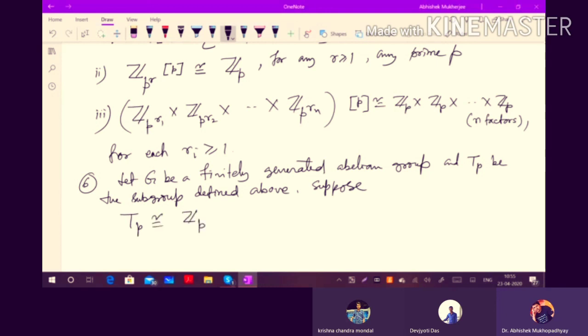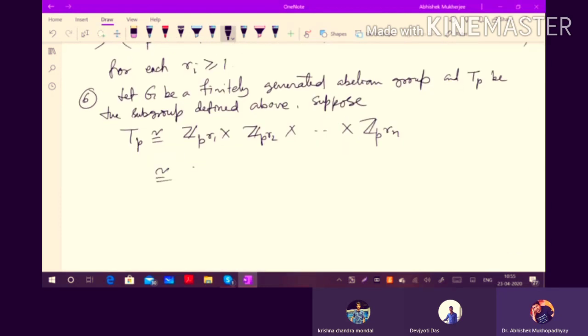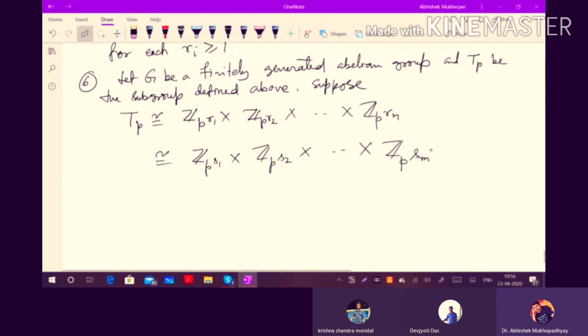One is Z_{p^r1} cross Z_{p^r2} cross ... cross Z_{p^rn}, and another one is Z_{p^s1} cross Z_{p^s2} cross ... cross Z_{p^sm}, where 1 less or equal to r1 less or equal to r2 ... less or equal to rn, and 1 less or equal to s1 less or equal to s2 ... less or equal to sm.